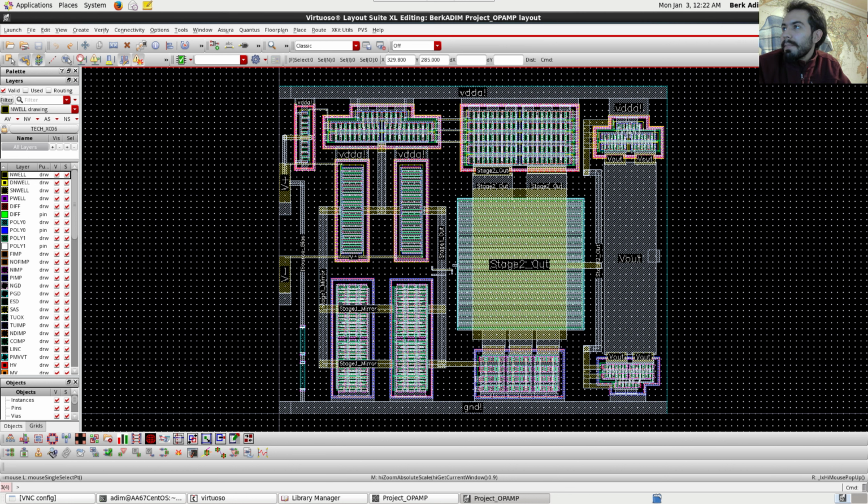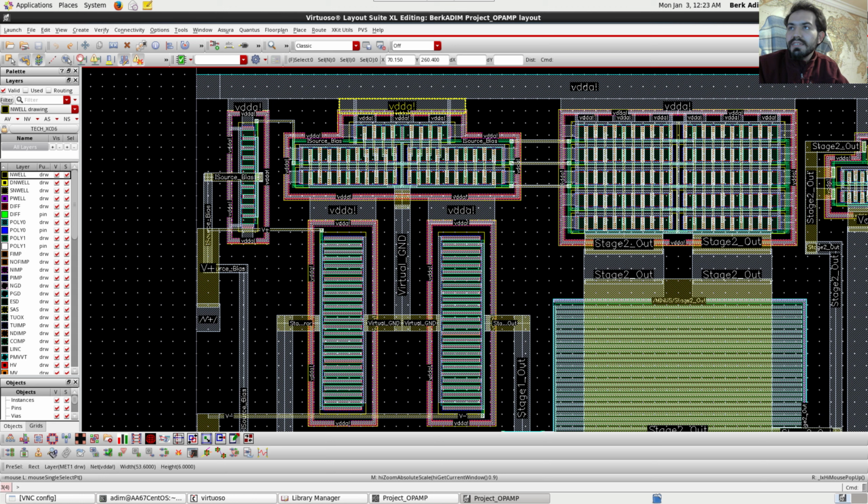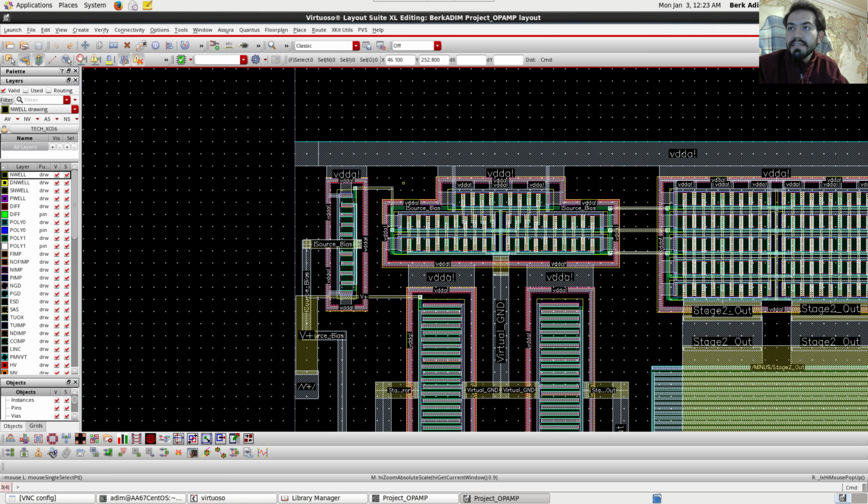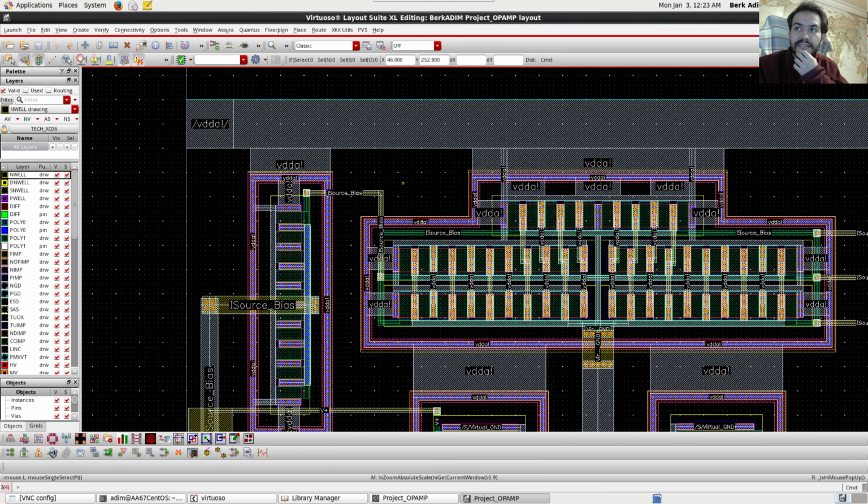Well, design considerations here are to make the differential input stage symmetric, of course, and to save space, and to make resistances coming from our connections negligible. One design consideration is the source resistance for the transistors, especially the current source transistors here.